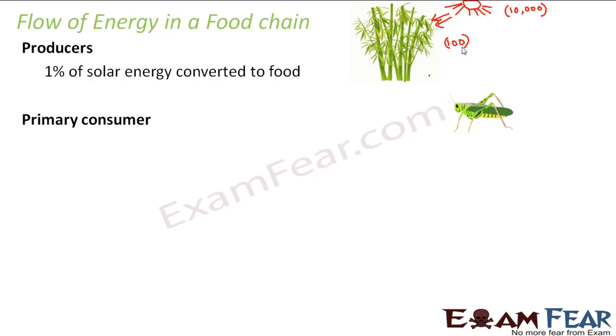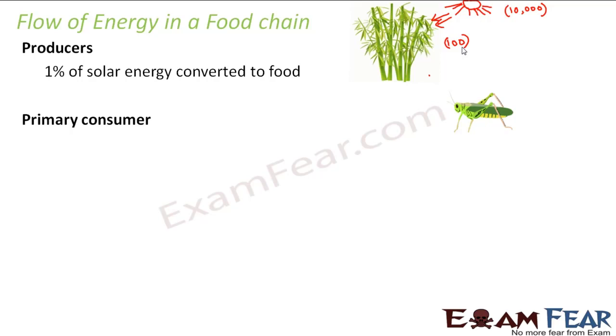No. Because when the grasshopper feeds on this plant, a good amount of energy will be lost as heat energy, because whenever energy transforms from one form to another, a good amount of it is lost as heat. Some part of the energy will be utilized by the grasshopper during digestion. Some energy will be utilized for performing different activities. Whenever the grasshopper flies, it does some work, so in that also some energy will get consumed. So it will keep on losing some energy that way.